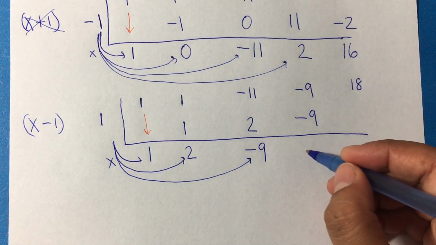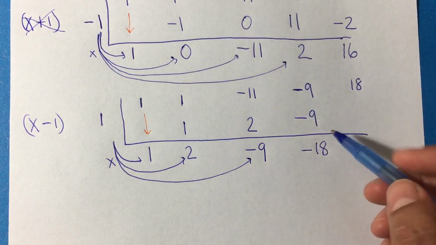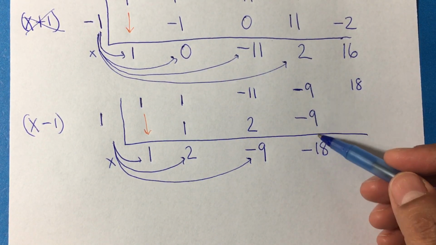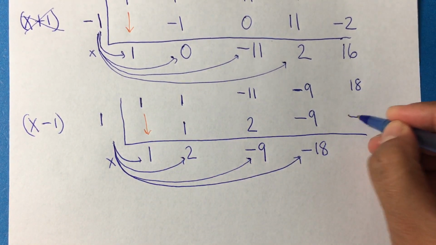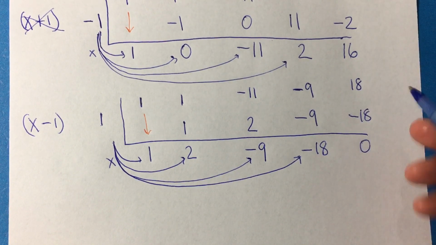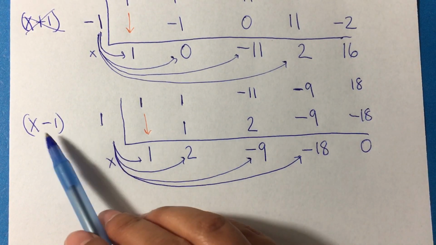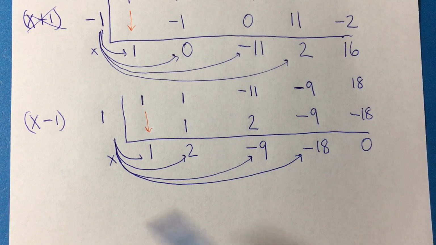I combine that, and it's negative 18, because it's the addition of two negatives. I multiply 1 times negative 18 is negative 18, and positive 18 and negative 18 gives me 0. Since I got a 0, that means that this is a factor, and to make our lives easier, this is what I'm going to do.